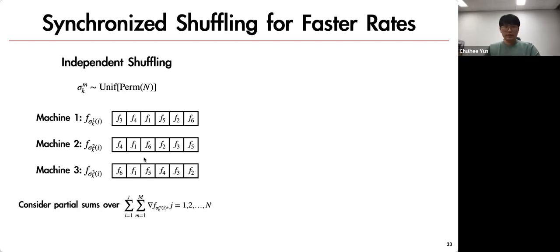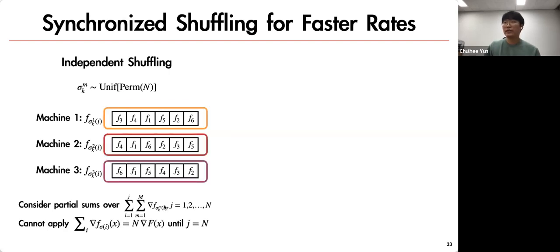If you consider taking partial sums over the increasing range of i's, we want to do that because these partial sums actually appear in the proof of the upper bound. More specifically, they appear when we bound the noise term R_K. And we want to apply the permutation identity to these partial sums as much as possible.